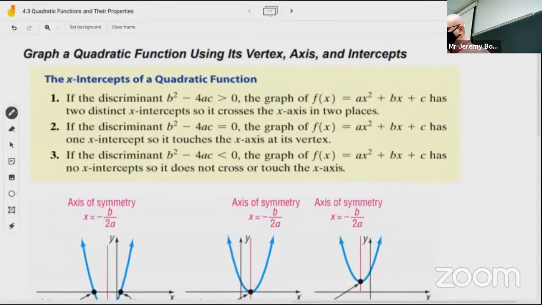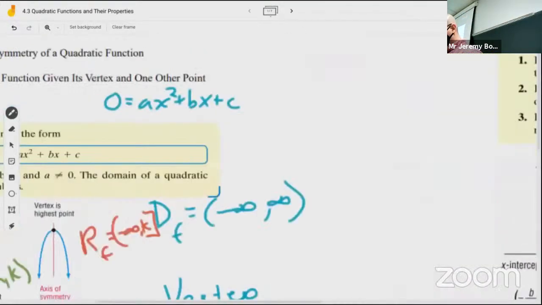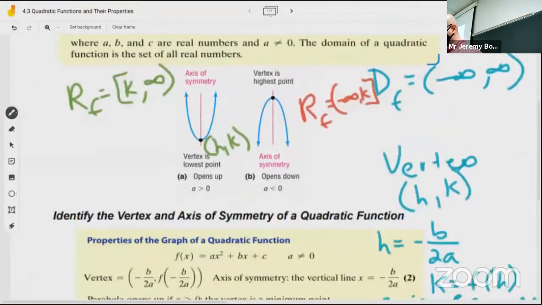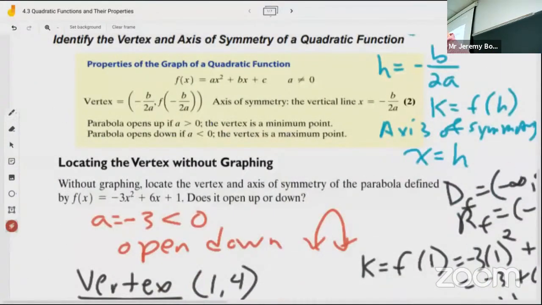All right, finding intercepts is the same exact thing we normally do. If you're trying to find the x-intercepts, you plug in a 0 for y. If you're trying to find the y-intercepts, you plug in a 0 for x. What's neat is if you plug in a 0 for all these x's, what do you end up with?